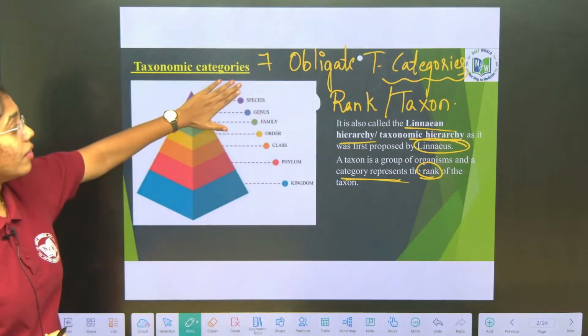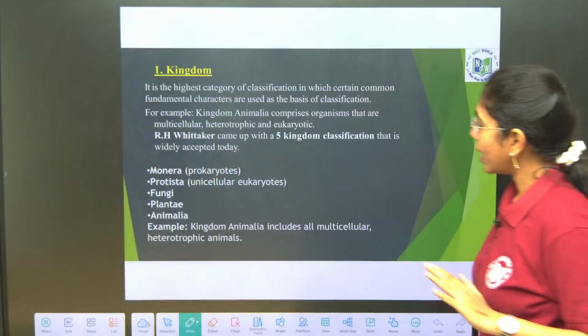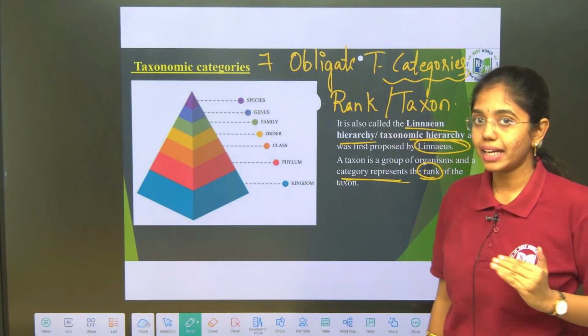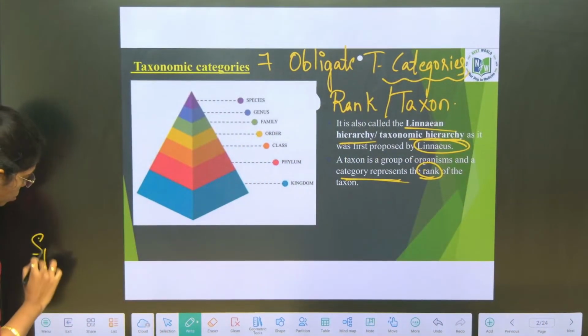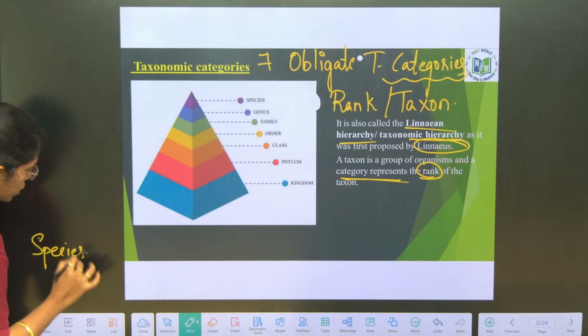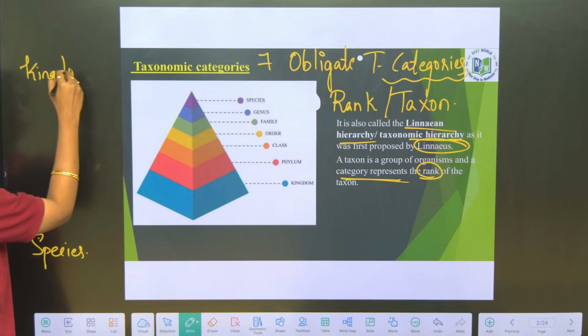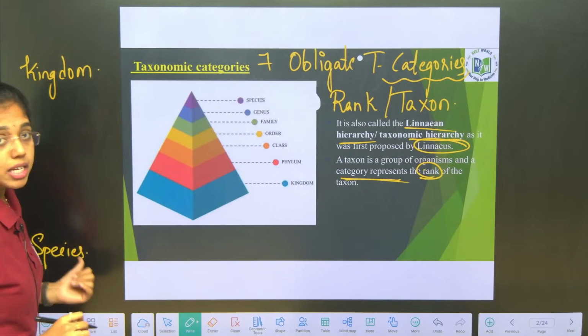As such, we have 7 obligate taxonomic categories. These can be learnt in ascending or descending order. Ascending order goes from species to kingdom. The first, smallest taxonomic category is species.